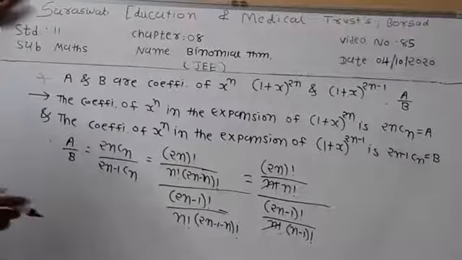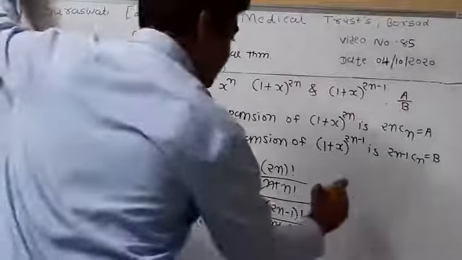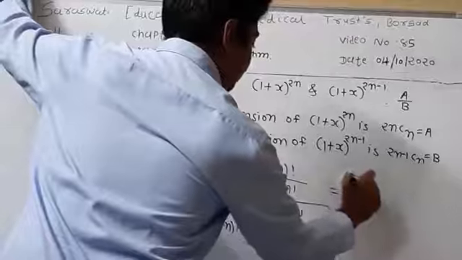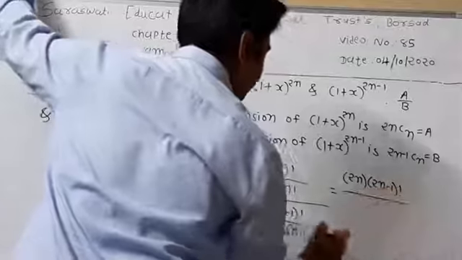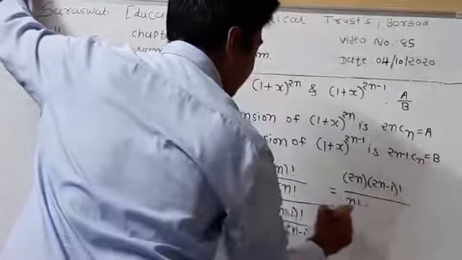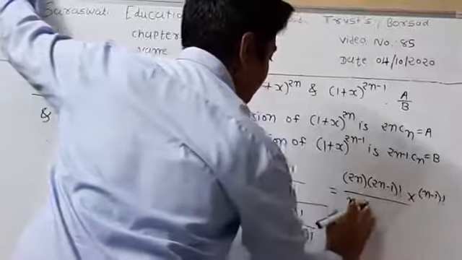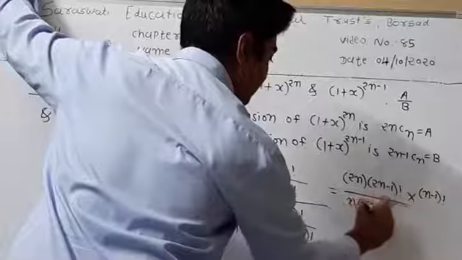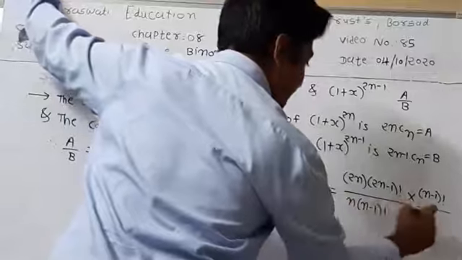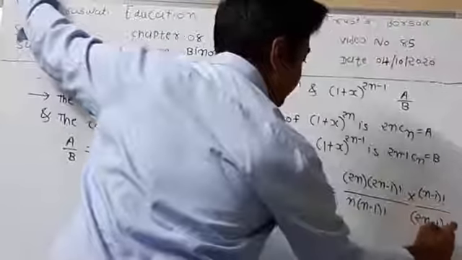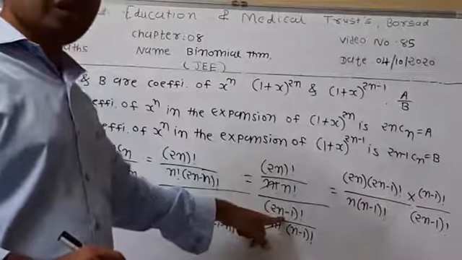Now here a division relation is present, so convert it into the form of a multiplicative relation. So it is equal to 2n factorial, in place of writing (2n minus 1) factorial upon n factorial into (n minus 1) factorial, write in the numerator, and n factorial in place of n into (n minus 1) factorial, and upon it we can write (2n minus 1) factorial.